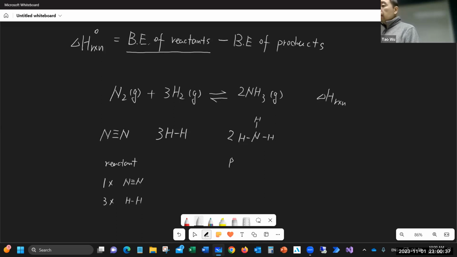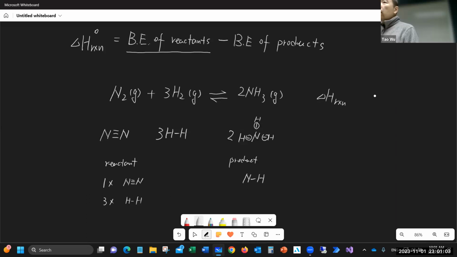For the product, now you see nitrogen is connected with 3 hydrogens, and each of them has a bond. All of those 3 bonds are nitrogen-hydrogen bonds, right?